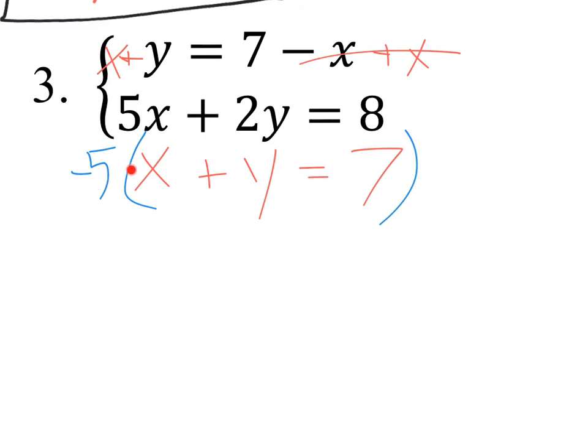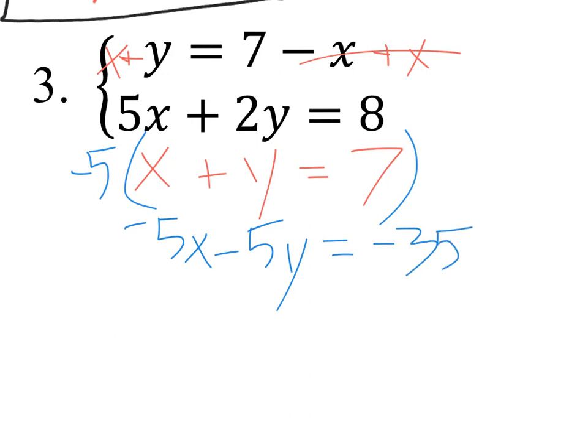So that means I have to multiply negative 5 times everything on this side and everything on the other side of the equal sign in order for it to be justified. So I put the whole equation in parentheses, and I'll write negative 5x minus 5y equals negative 35. Okay, now I've scaled that whole equation up by a factor of negative 5.